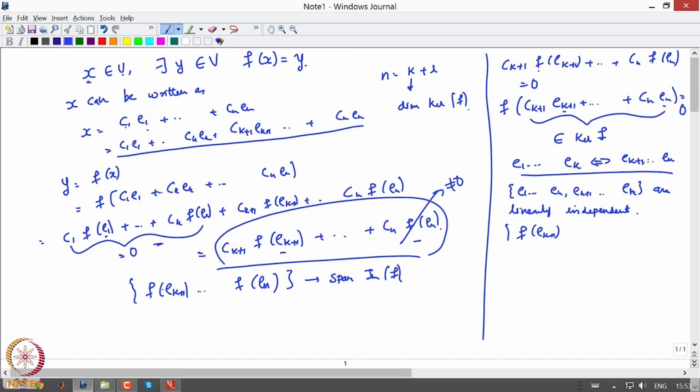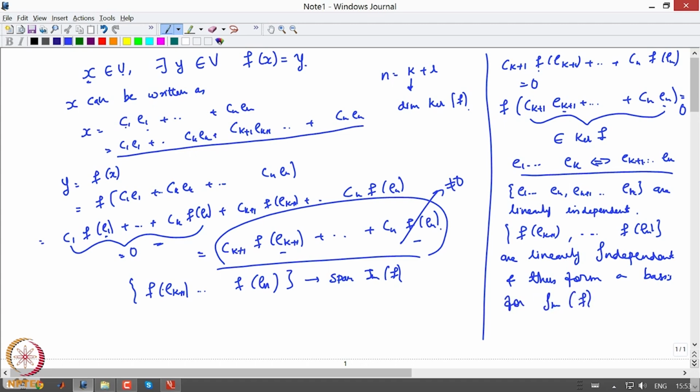f(e_{k+1}) till f(e_n) are linearly independent, right, and thus form a basis for the image of f, right, and therefore the dimension of this image of f is r, which proves the claim of the theorem, right.